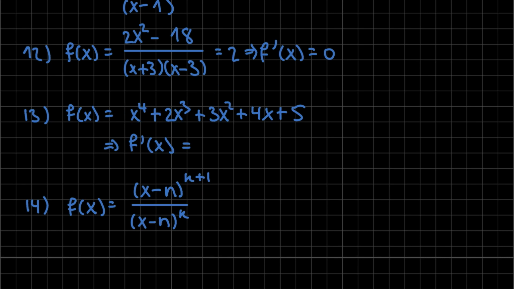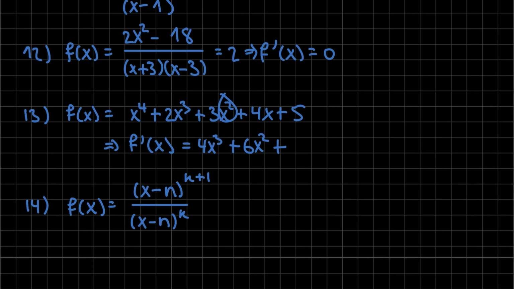So differentiating x to the power of 4 will just give us 4x cubed by the power rule, and we'll be using the power rule for almost all of these terms. Then the derivative of x cubed is 3x squared, but we're multiplying by 2 by this constant. So in the end, it'll be 6x squared.